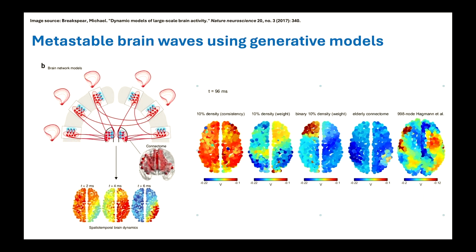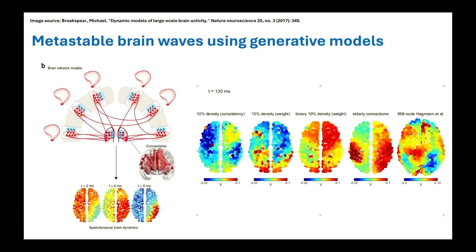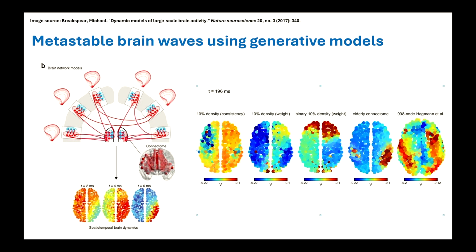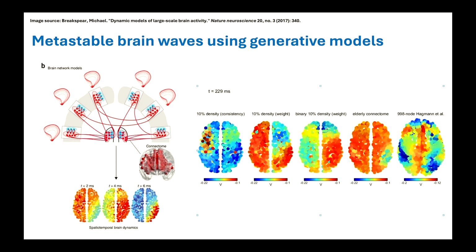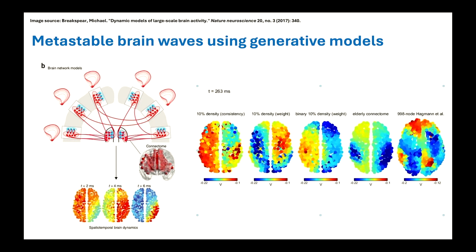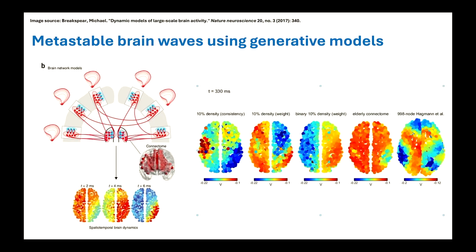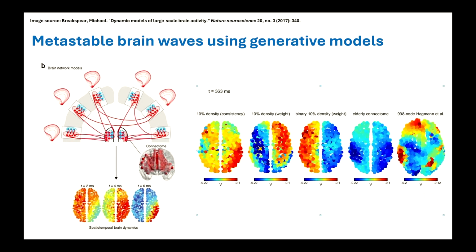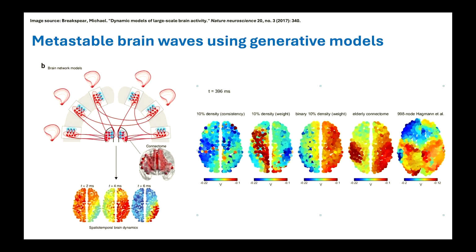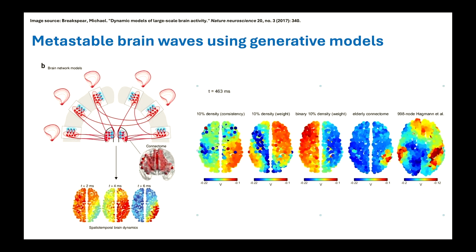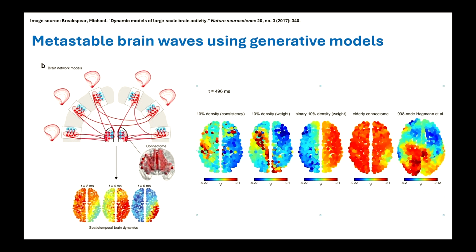So, if you let this movie run, where each of the brain areas are connected by nonlinear dynamical models in this fashion, which was shown by Michael Breckspear, and you have the connectome, then if you look at the spatiotemporal brain dynamics for the aging individuals, you see there is a difference in the metastable waves and the metastable patterns, which are generated based on the connectivity constrained for the younger individuals and the elderly individuals.